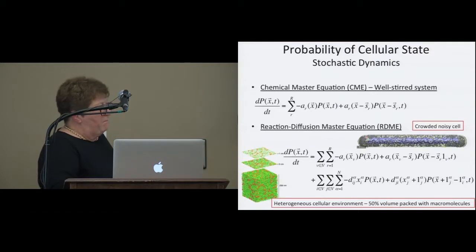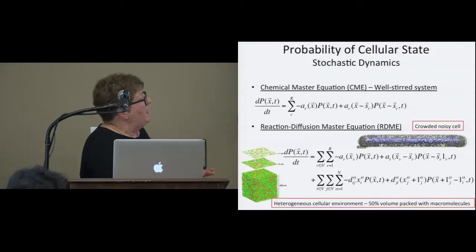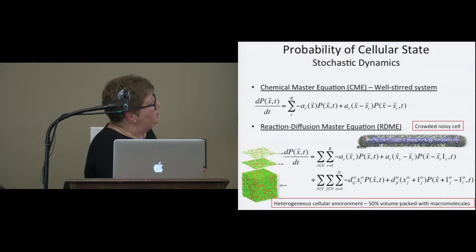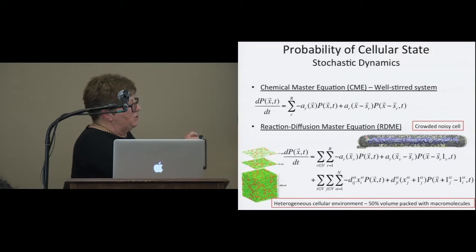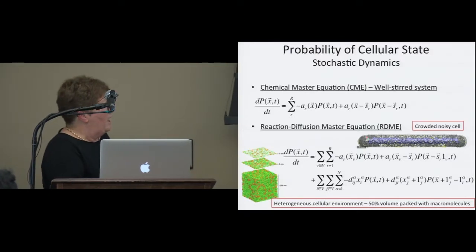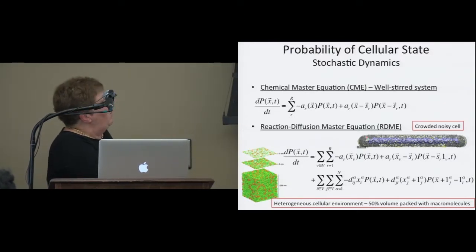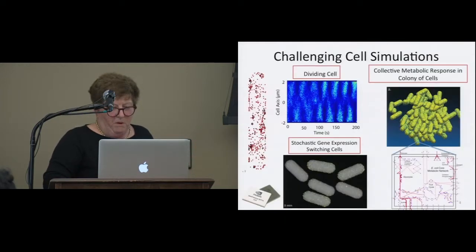And if you think about packing all those macromolecules into a cell, it looks pretty dense. When I first saw this, I thought, oh, how does anything take place there? And then you take the slice and turn it on edge. So it is about 50% packed once you put in all the proteins, DNA, RNA. But there are these open spaces where things are diffusing and reacting. So this is a real problem, right?